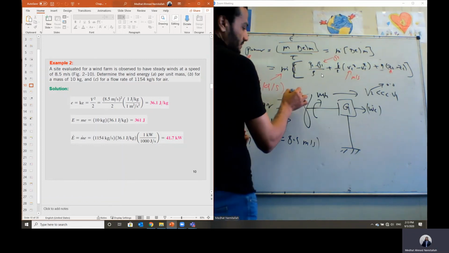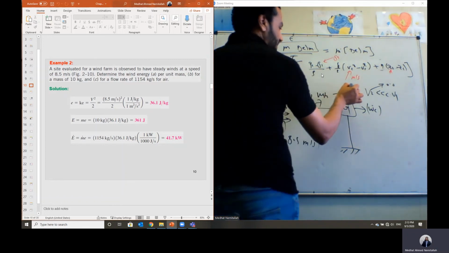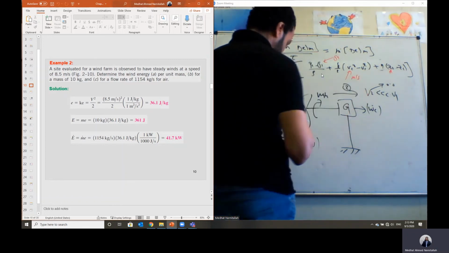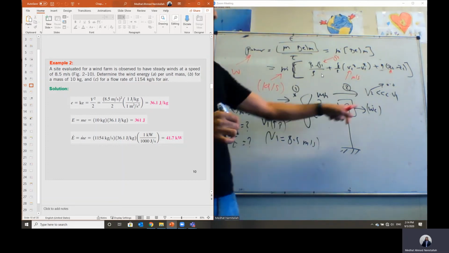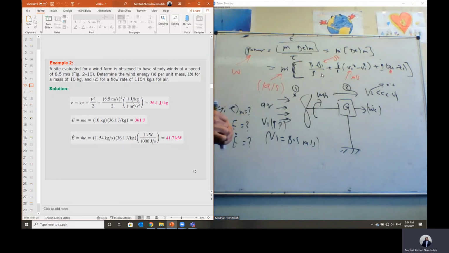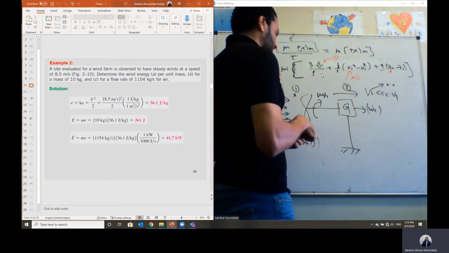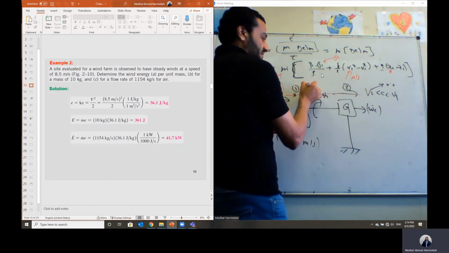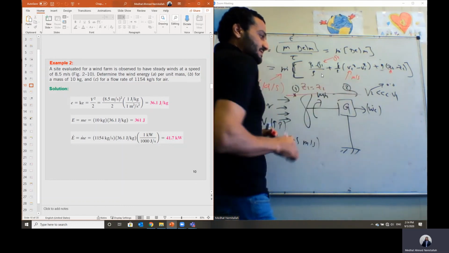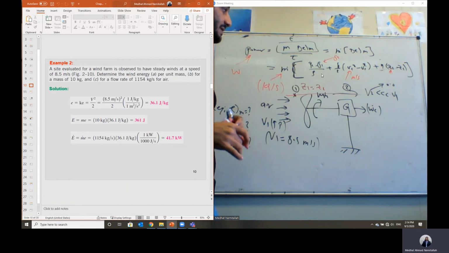To calculate the energy of the flow, let's say we have point 1 before this fan, and point 2 after it. Velocity V1 is given as 8.5 meters per second. Velocity V2 is almost 0. Between points 1 and 2, just before and after this fan, Z1 is almost the same as Z2, so we have the same elevation.